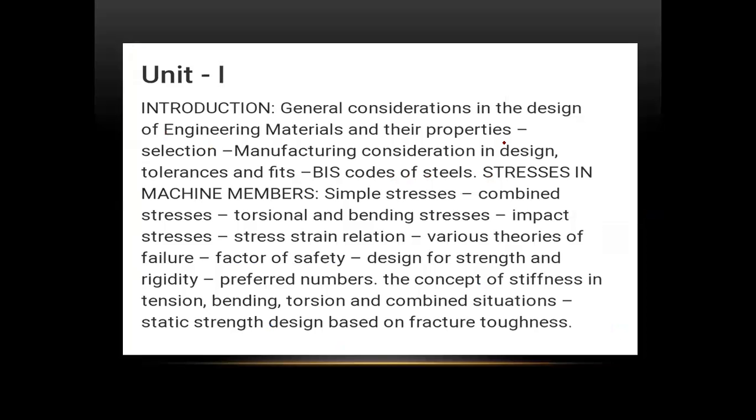So in unit 1, we have the basic concepts: general considerations in design, engineering materials, the properties, manufacturing considerations, stresses in machine members. Like this we have various topics in unit 1.